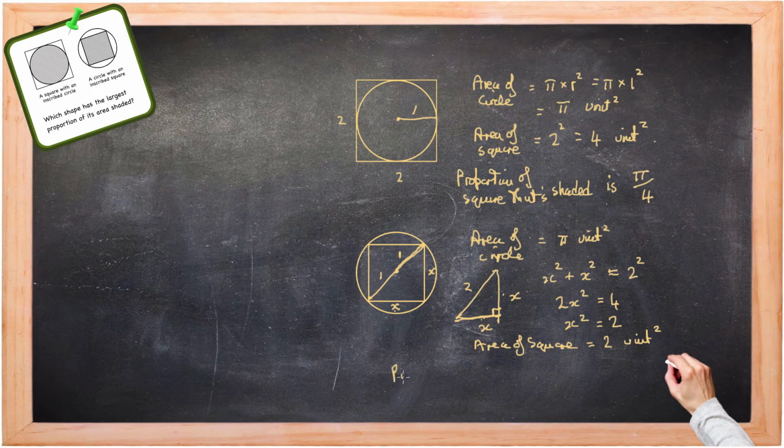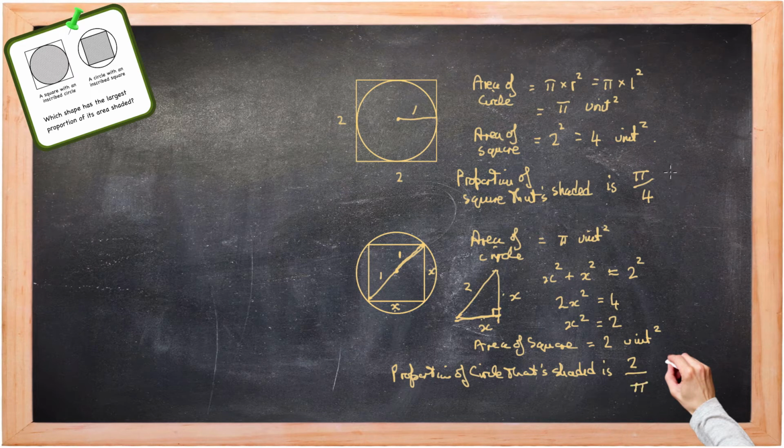So the proportion of the circle this time that's shaded is, well, it's the square to the whole figure this time. So it's the square to the circle. That's 2 to pi.